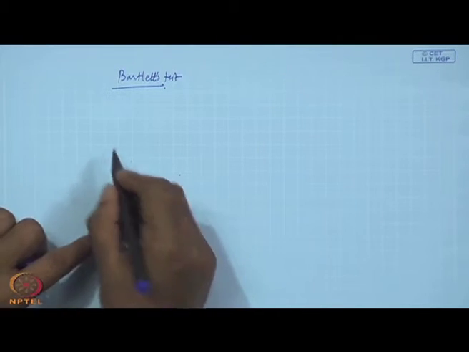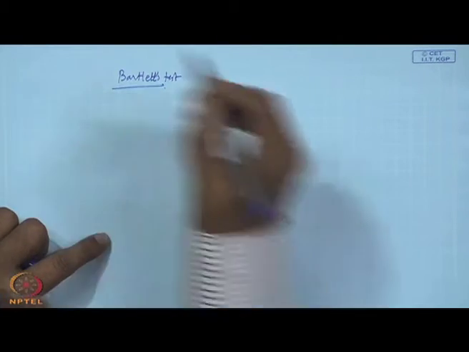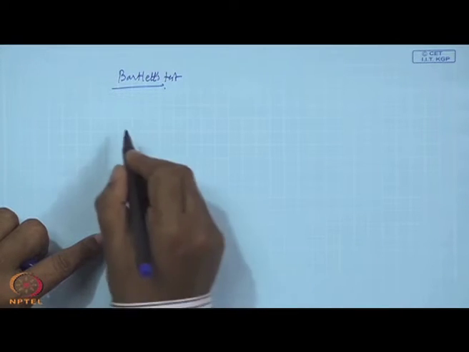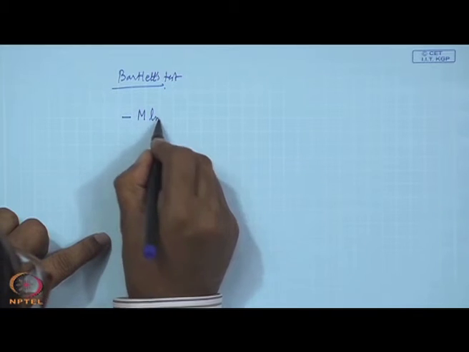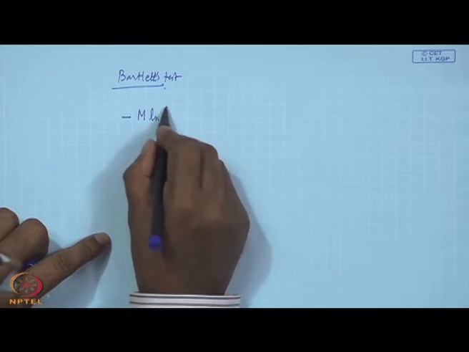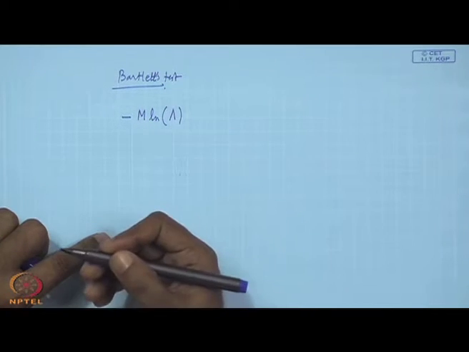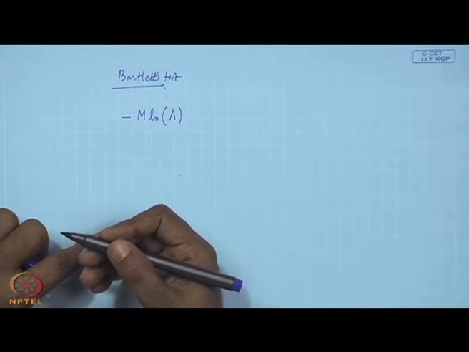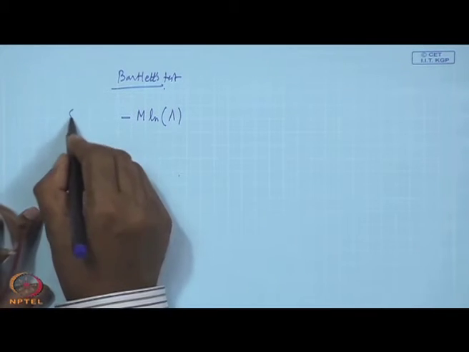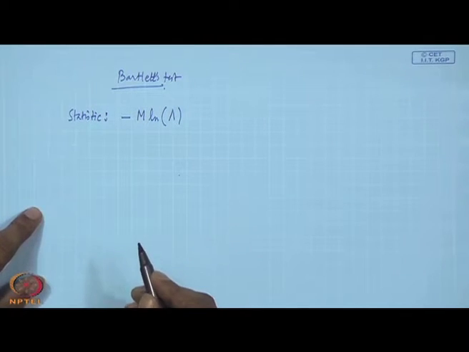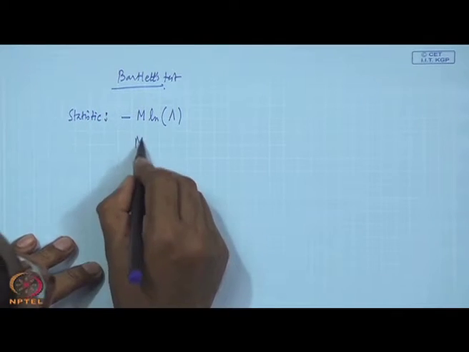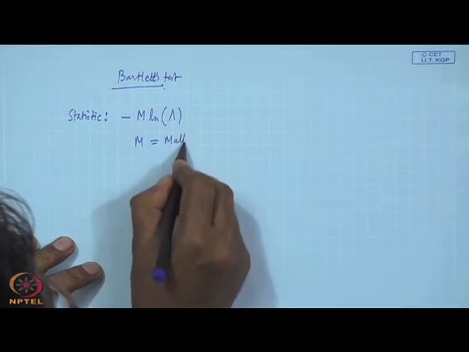that you create one statistic which is minus m log base e lambda. This is one statistic created, where m is the multiplier.